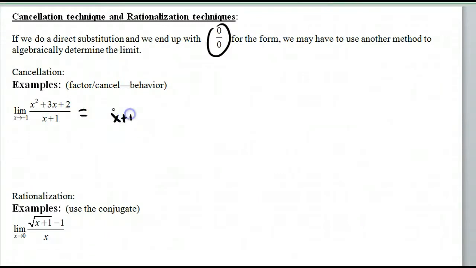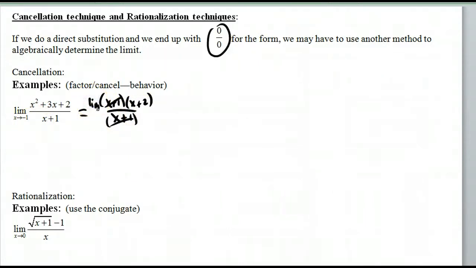I have x plus 1 in the denominator, and in the numerator I can factor out x plus 1 as well, so this would be x plus 2. So if I factor and cancel, this will behave just like the function x plus 2. This function here is the same as x plus 2 everywhere except for at x equal to negative 1.